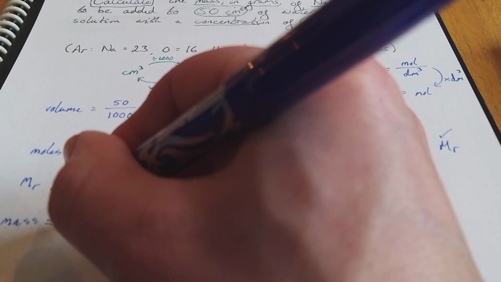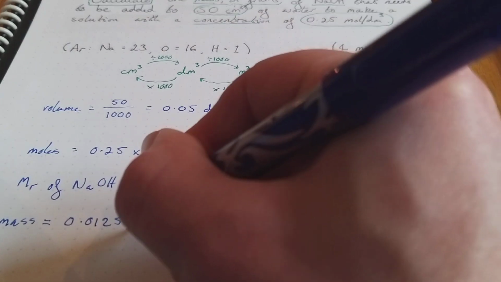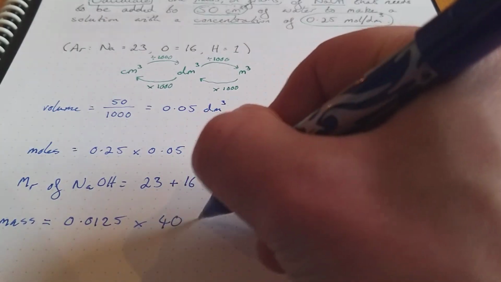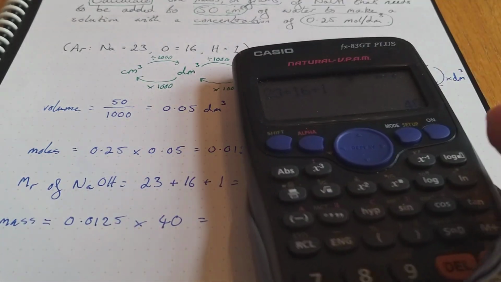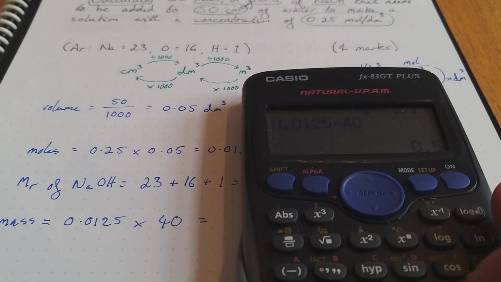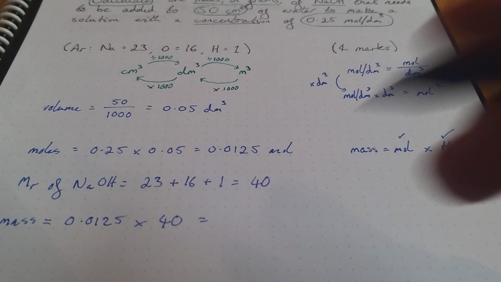The mass equals the moles, which is 0.0125, multiplied by the MR, which is 40. So we do in our calculator 0.0125 multiplied by 40, and that gives us our final answer of 0.5 grams.